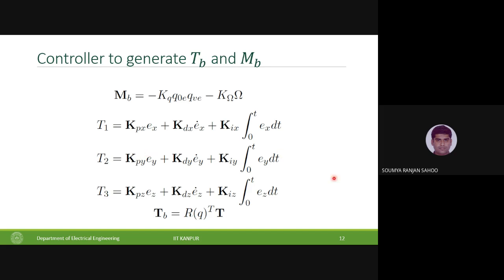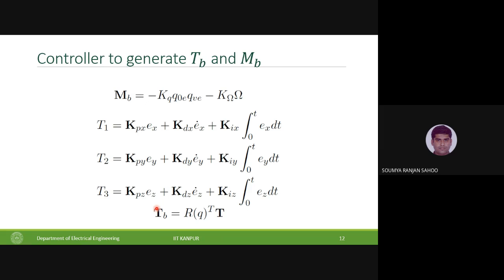Okay. So now this controller that I have shown you here, MB is being generated in the body frame directly, and the thrust that we have for the acceleration in the x, y, and z direction in the inertial frame is being computed and then finally converted to a thrust command or the force command in the body frame using this. Okay, so this is a simple PID structure that I have used, but to generate this MB and TB, you can use any controller that you want.